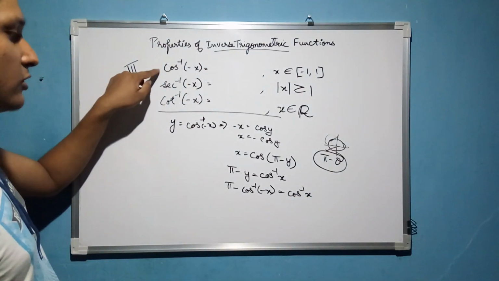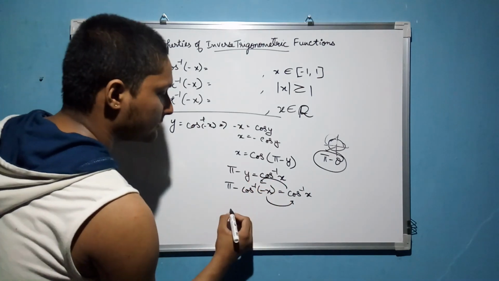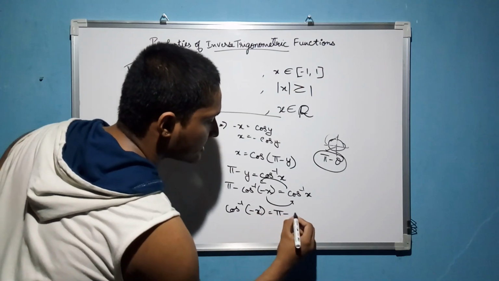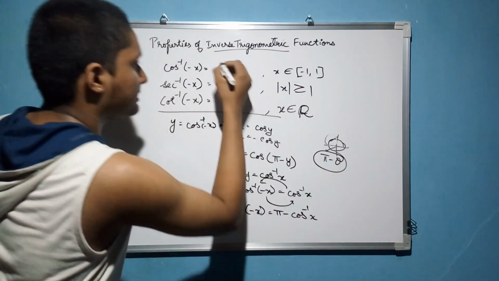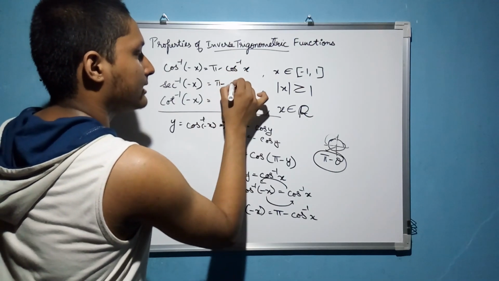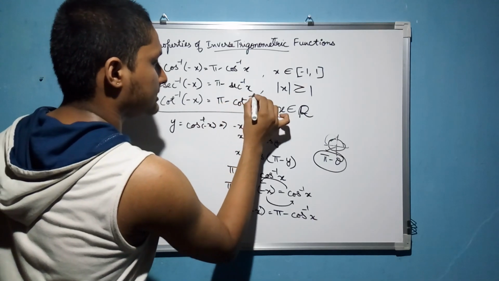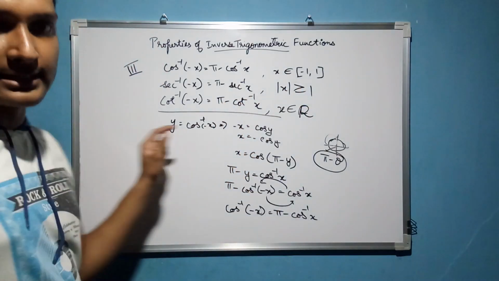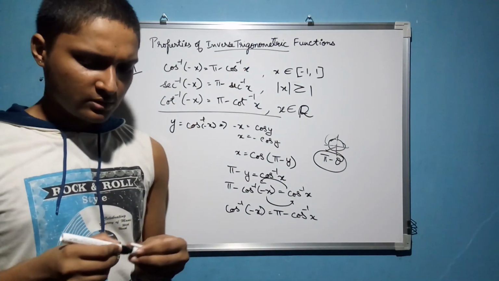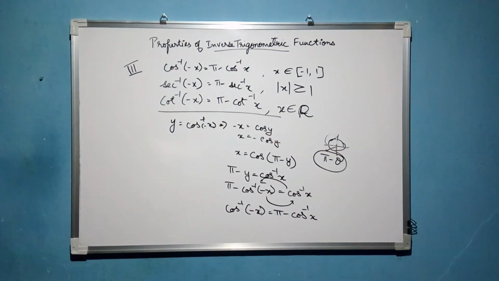We need to get the value of cos inverse of minus x, so just interchange. Cos inverse minus x is equal to pi minus cos inverse x. That's it. Pi minus cos inverse x, pi minus sec inverse x, pi minus cot inverse x. All these are going to be the same because it is similar.